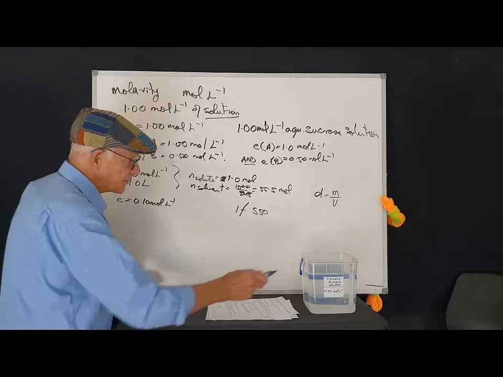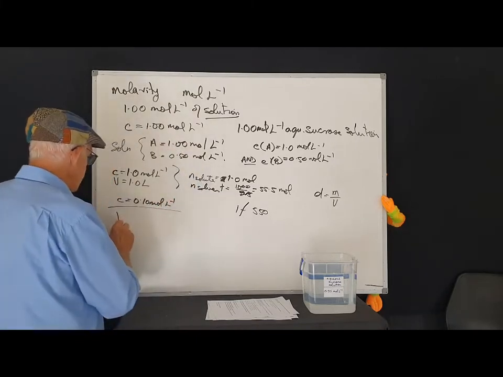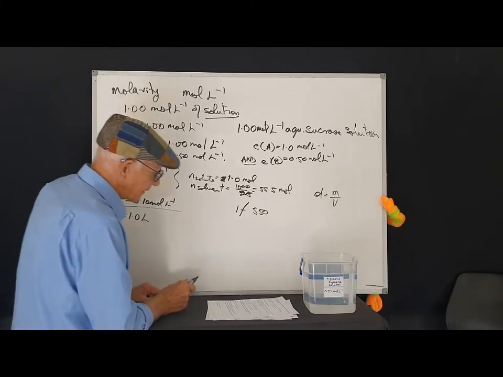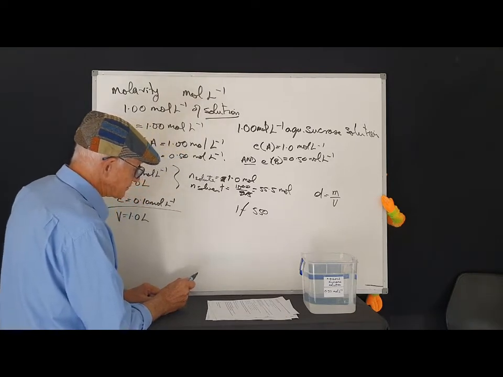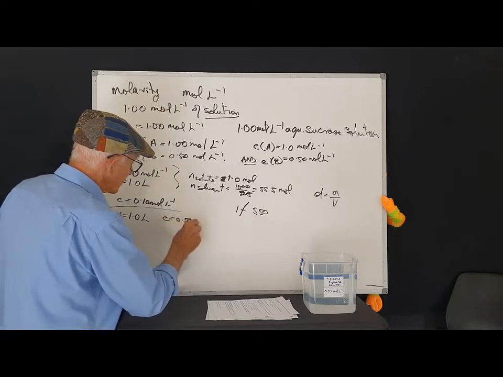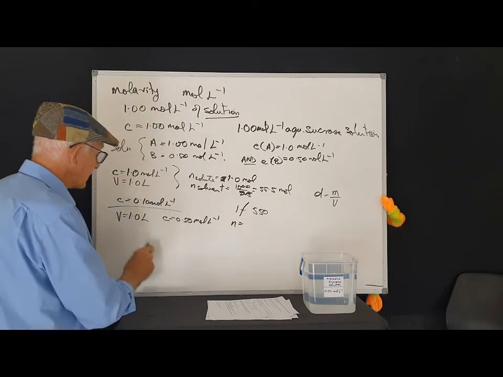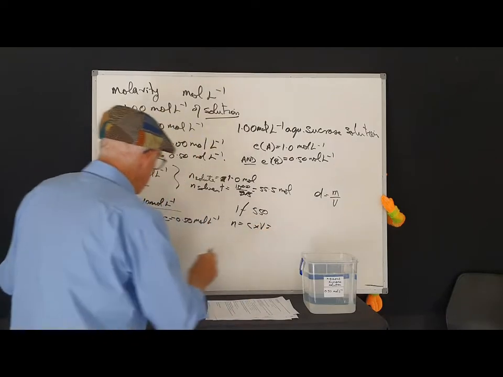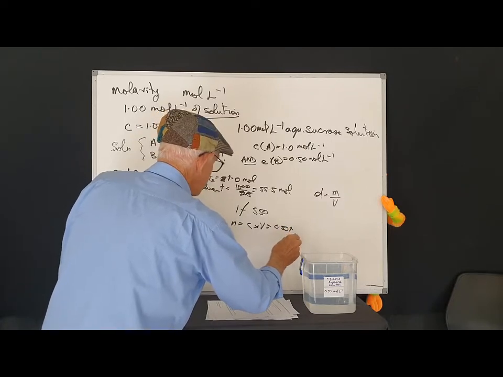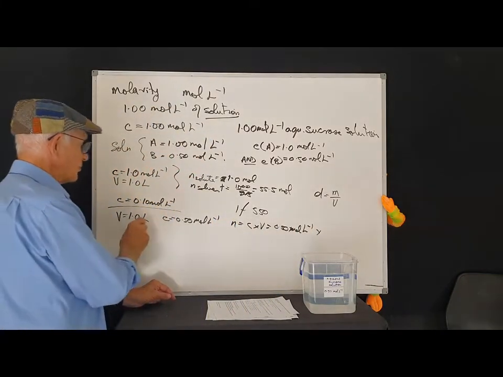The volume of a given concentration is determined by the amount of solute in that. So for example, this solution here, if I had 1 litre of it, that's not 1 litre, it's more, but if I did have 1 litre of it, and the concentration is 0.50 moles per litre, then the number of moles in this 1 litre is concentration times volume, would be 0.50 moles per litre times 1.0 litres.